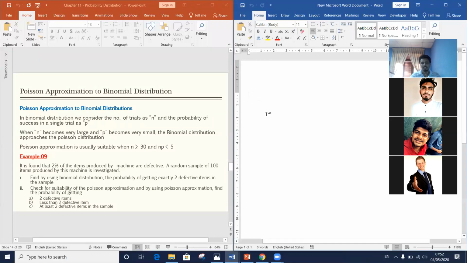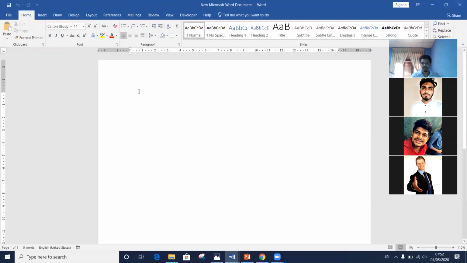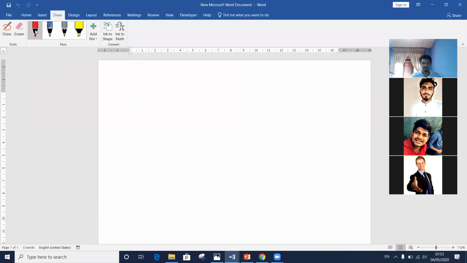These are the two conditions. One is the value of n. Can you remember what n is? First tell me how to find the probability using the binomial probability distribution.